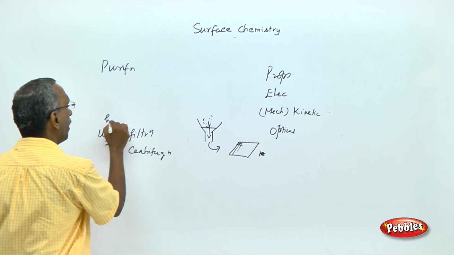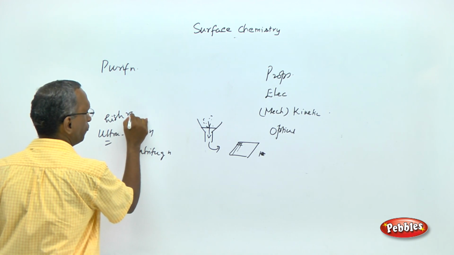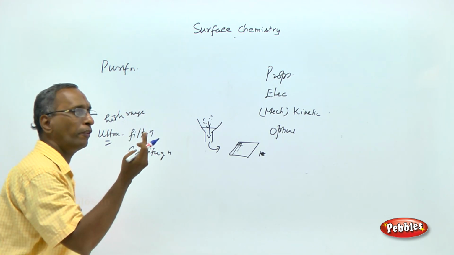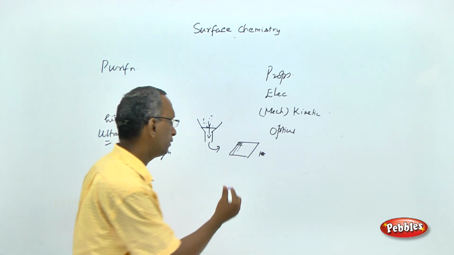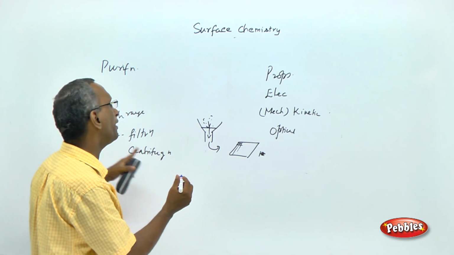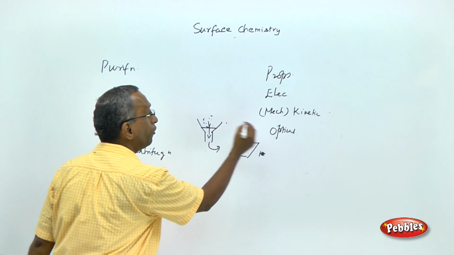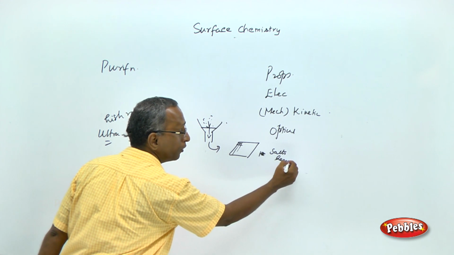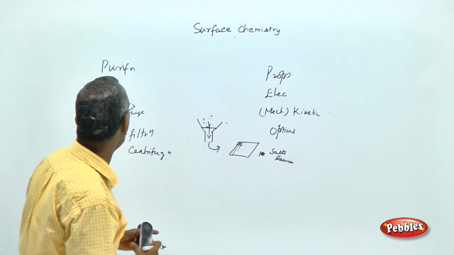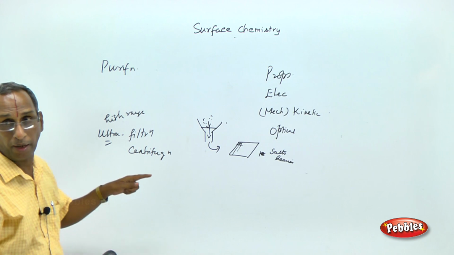Ultra means high range filtration, meaning the particle size coming out is very low. Normal filtration will give rise to only salts, which are somewhat heavier particles, whereas ultrafiltration will lead to the formation of colloids.